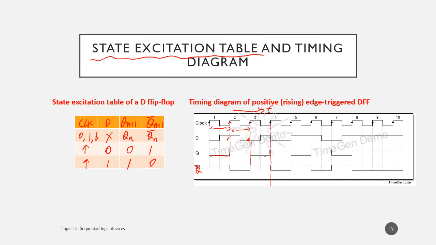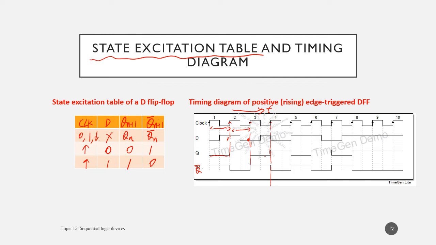Sometimes you will see this happen: what will happen if the D value changes at the same time as the edge comes? We're always using the value right before the edge. This is realistic, because in a real circuit there's some time delay for the signal to transfer from D to the output.